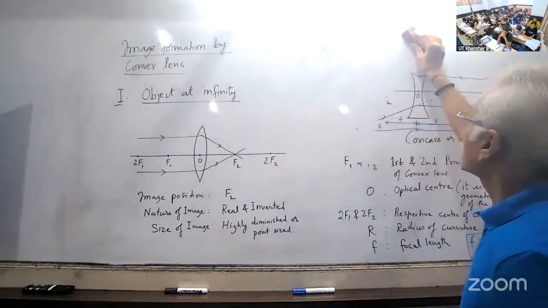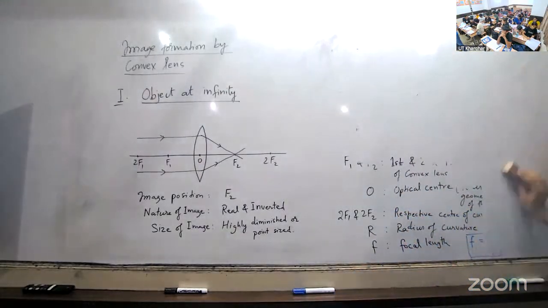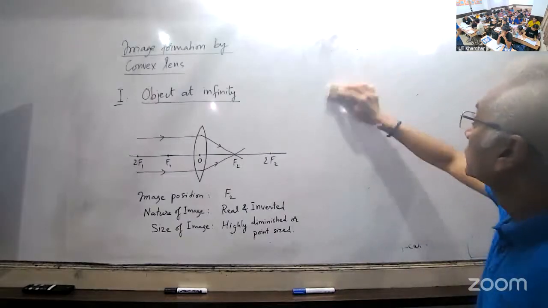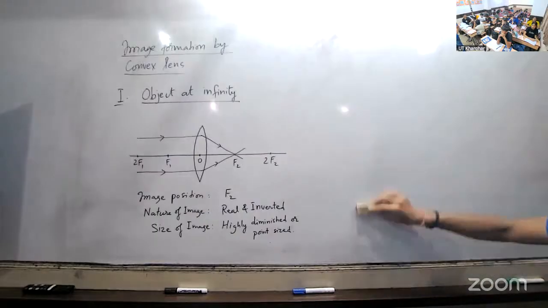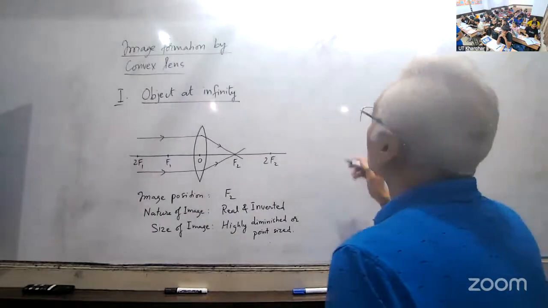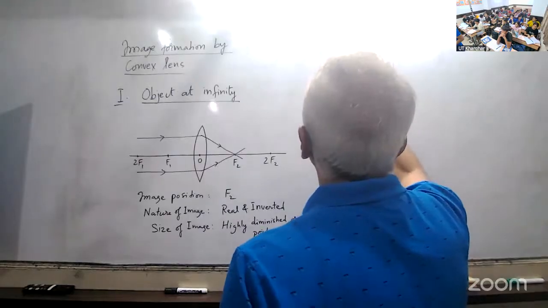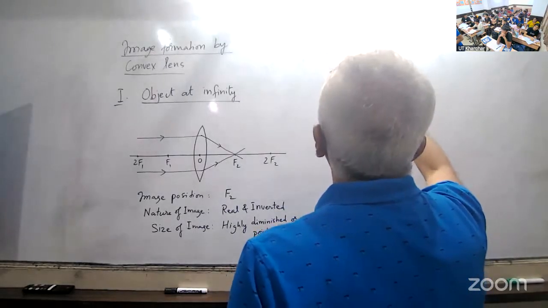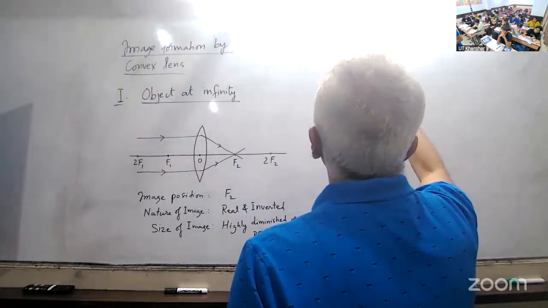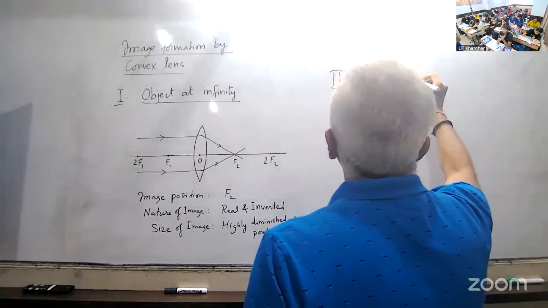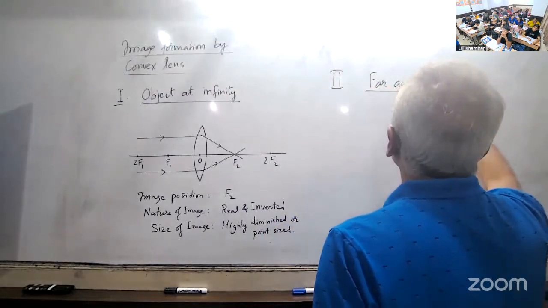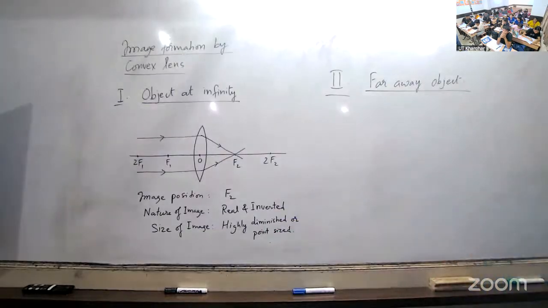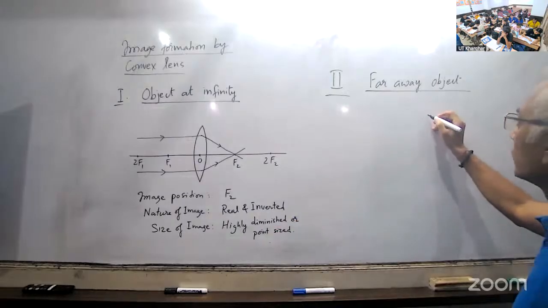Let's discuss the next one. Far away object. Let us see the image formation of a far away object by a convex lens.